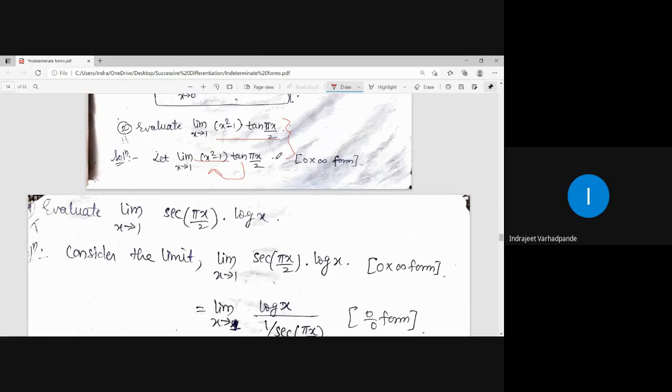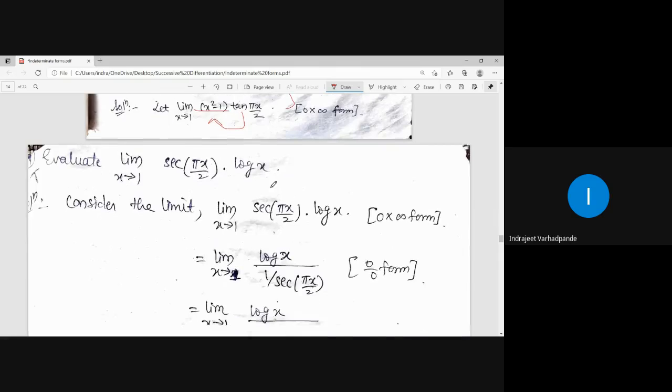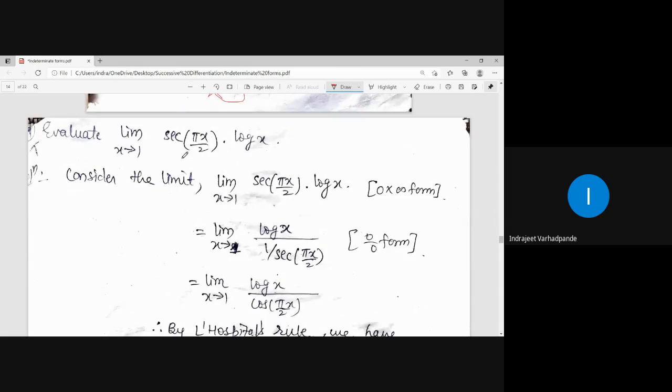This is what we will be doing now. Limit x extending to 1 of sec of pi x by 2 into log x.